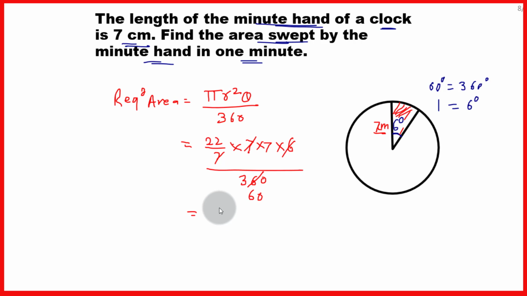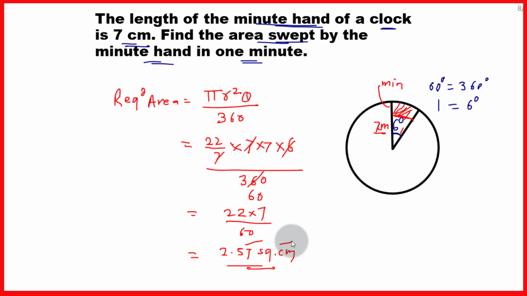This will be 60, and therefore which is equal to 22 into 7 divided by 60, and if you solve this you will get 2.57 square centimeter, and therefore the area described by the minute hand in 1 minute is equal to 2.57 square centimeter.